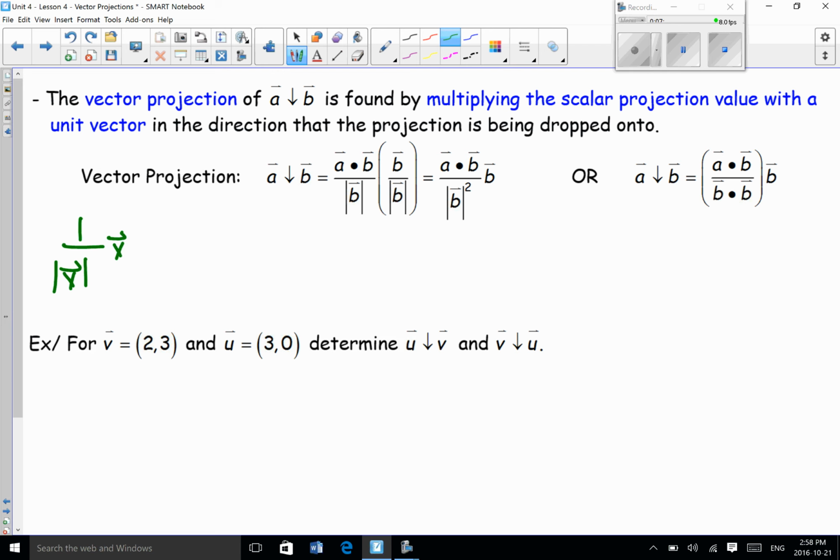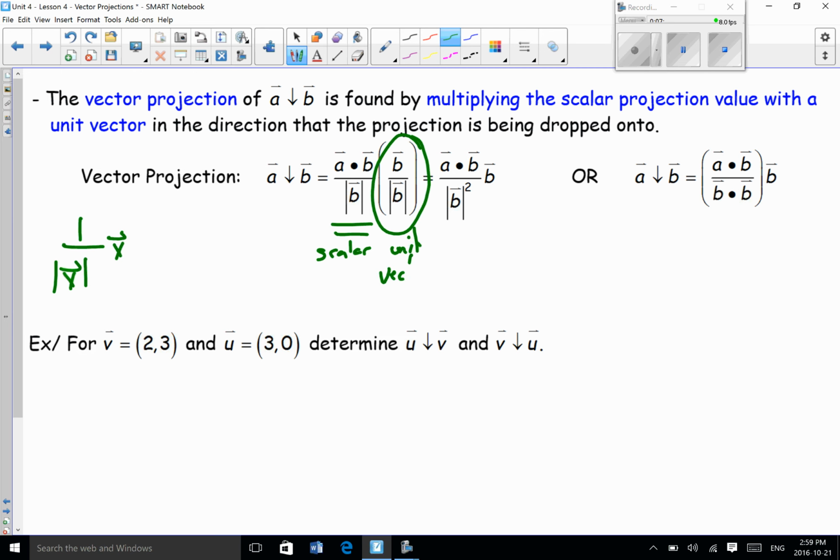Well, that's kind of what we're doing here. When I do a vector projection of a onto b, I'm taking my 1 over part, which is right here, and I'm going to multiply that with a scalar value, which is right here. So this is a scalar, this is my unit vector.